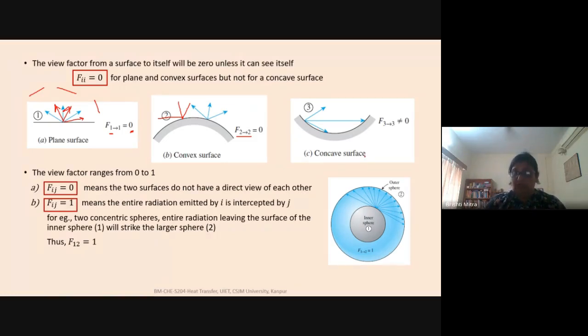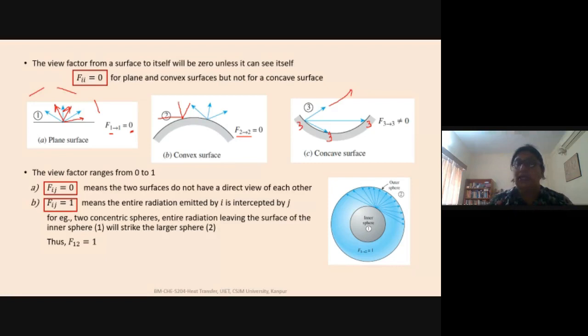Then comes the concave surface. If you look at the concave surface, which we call, say, surface 3, then this arrow shows radiation going out from here in this particular direction. Whereas this second one is coming in a straight line and hitting this surface. That means it is coming out of surface 3, and it is also touching surface 3. The same here, it is coming out of surface 3 and is also touching surface 3.